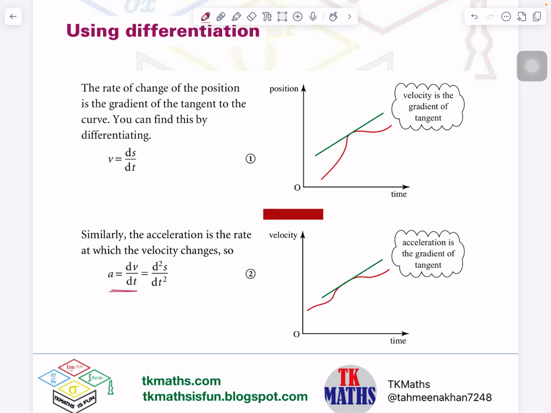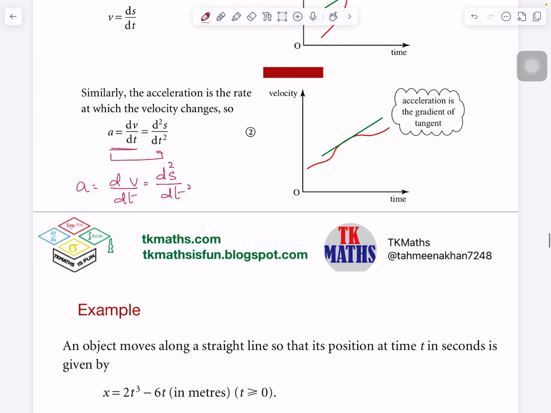When we differentiate first time the displacement equation, we get what? Velocity. And we differentiate the velocity equation, we get what? Acceleration. In other words, we differentiate the displacement equation 2 times, right?